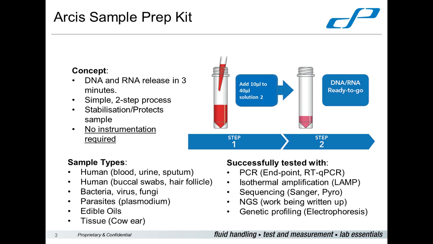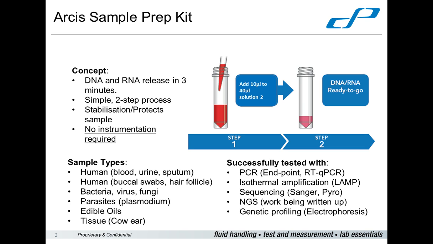Sample types that have been used so far, and this list is by no means everything that's been tested. There's certainly some interesting things that Paul, no doubt, could tell you stories about later on. But sample types such as most human biological fluids have all been tested.